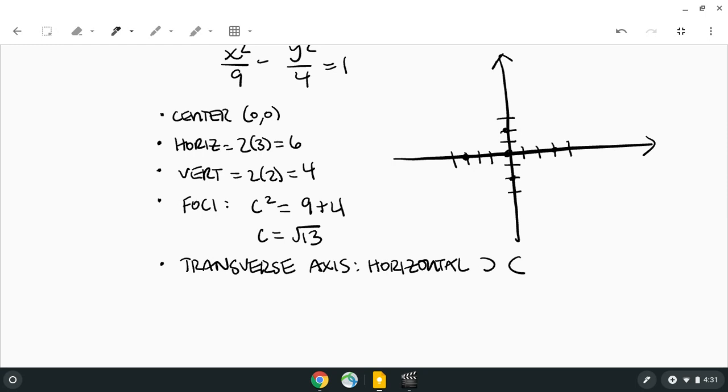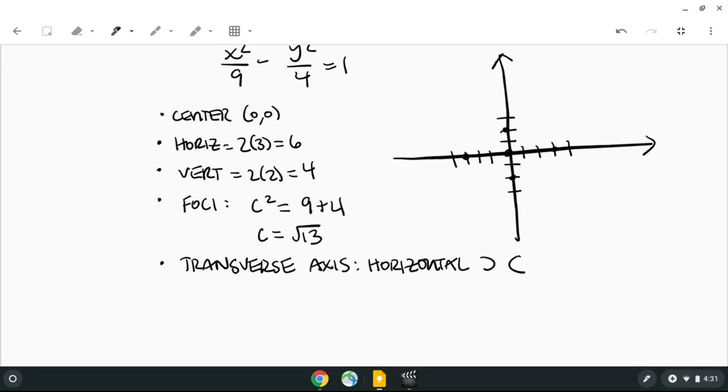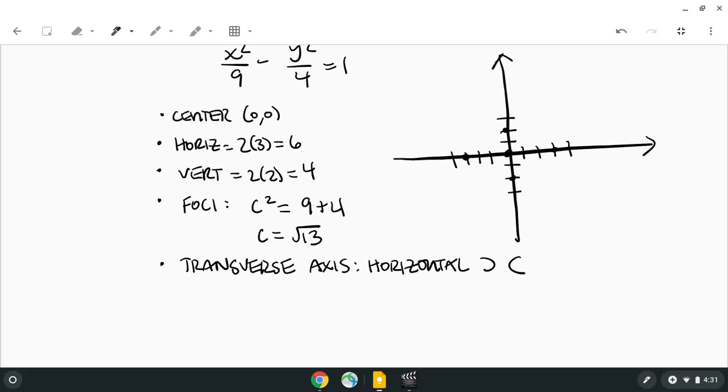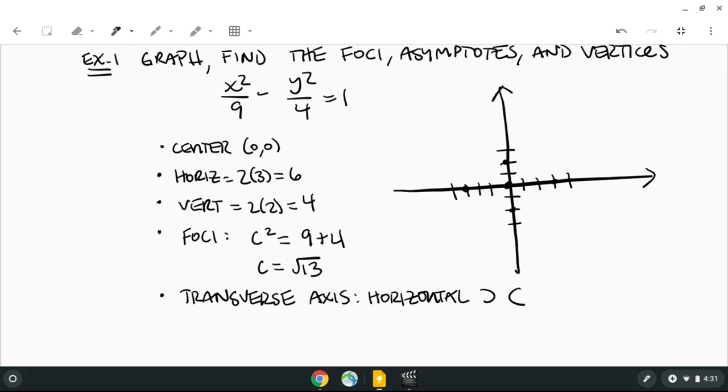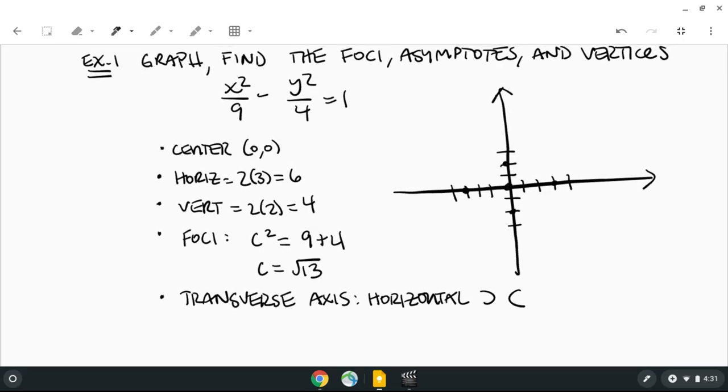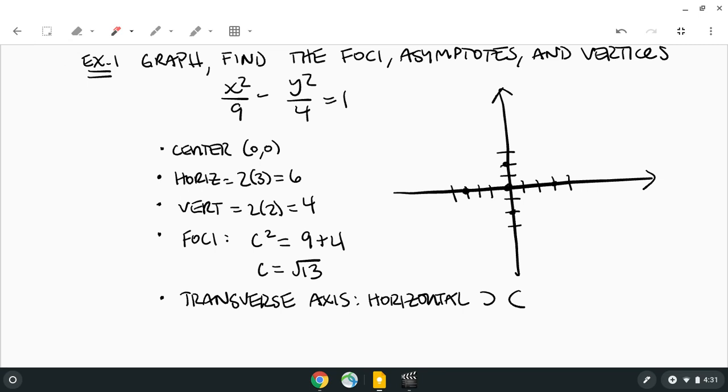Okay, so here, the longer one doesn't necessarily mean that's the major axis. You could have the transverse axis, major axis. You can have that one be the short one. Again, what determines it is the position, whoever's in position right here. Okay, so that tells me the x-axis is the transverse axis.